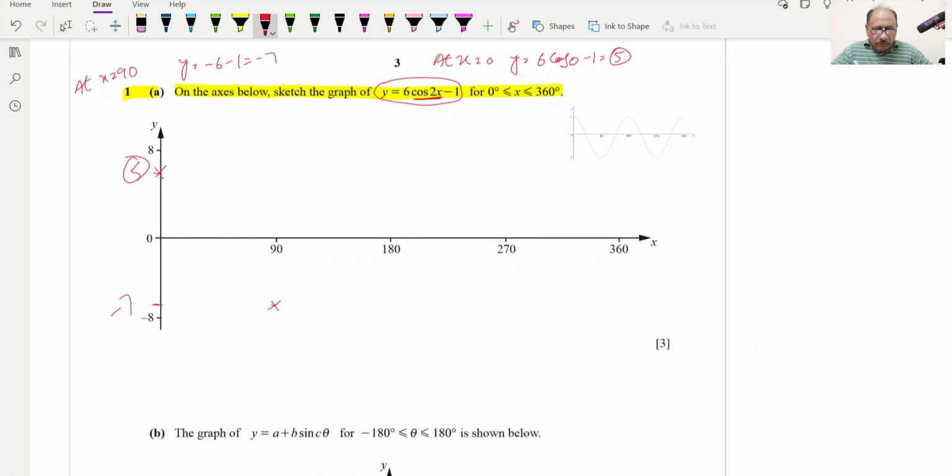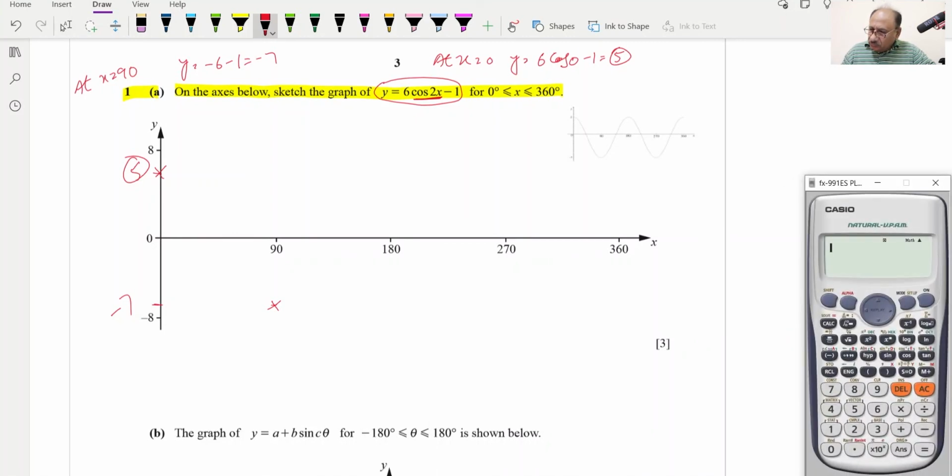And the next point, 180, will give 360, so cos of 360 we can also check, cos of 360 will be equal to 1. So in that case it will be 6 minus 1, so 5.